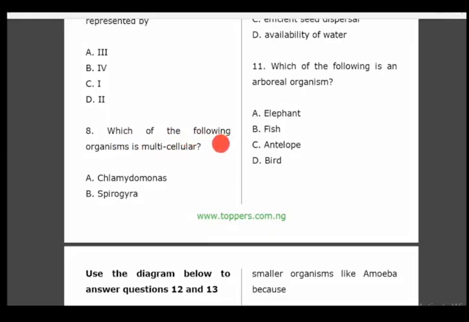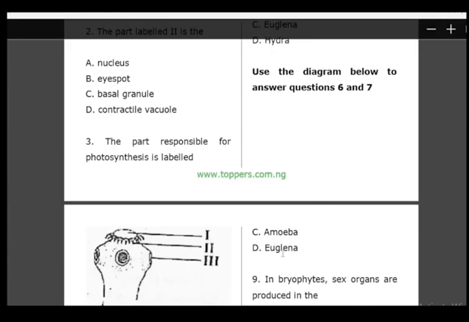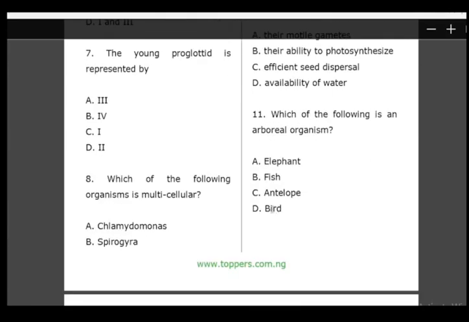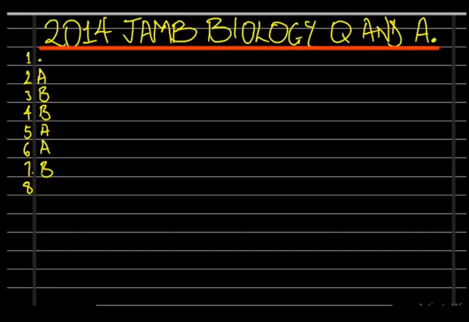So we'll move to question 8 now. Which of the following organisms is multicellular? A. Chlamydomonas. B. Spirogyra. C. Amoeba. And D. Euglena. So which of those organisms is multicellular? When we talk about multicellular organisms, we are talking about organisms that have more than one cell.